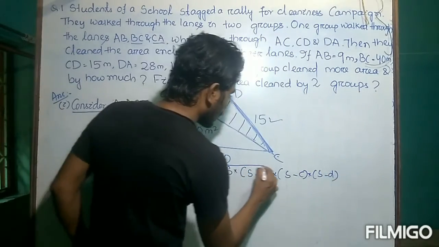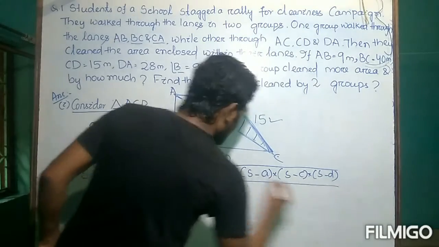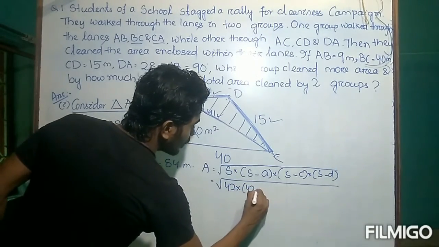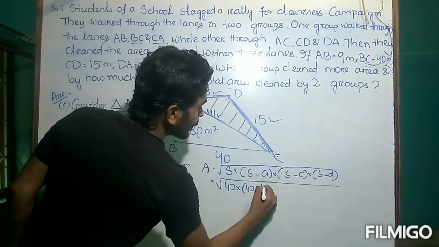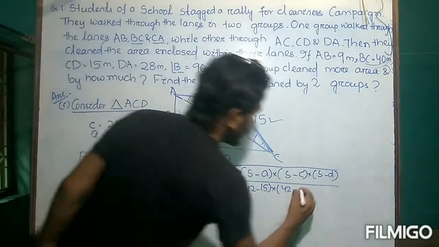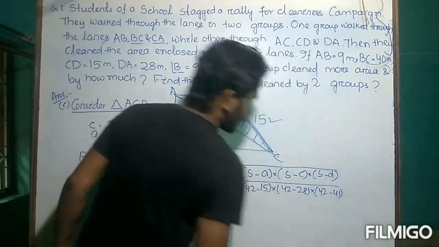That is S is 42. So 42 into 42 minus 15, into 42 minus 28, into 42 minus 41.